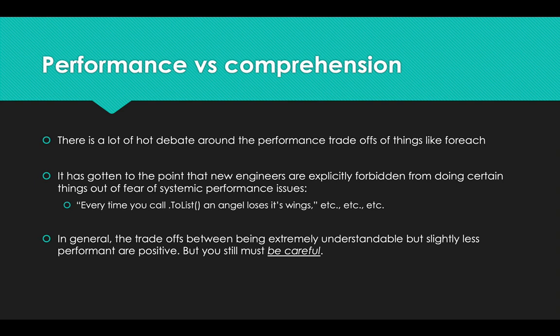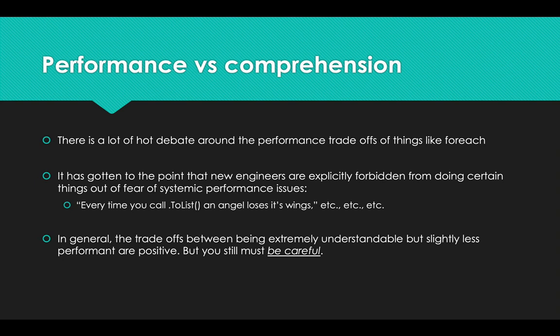There is quite a bit of performance chatter and debate around whether you should be using for loops versus foreach loops, and whether you should be using arrays versus list types. This is a thing that I'm actually currently working on a paper about. It's to that level of empiricism.